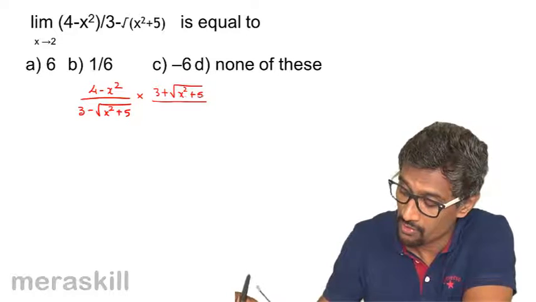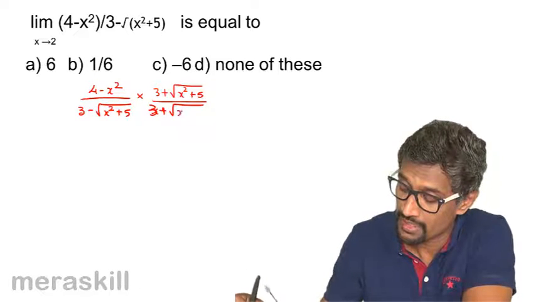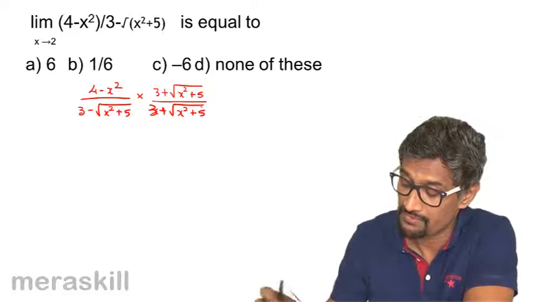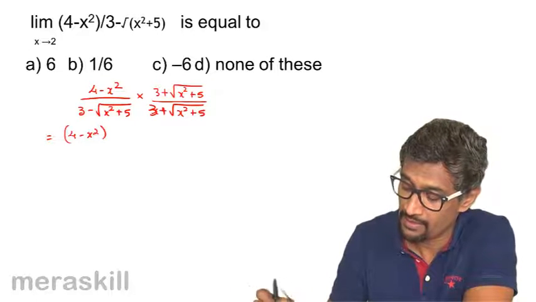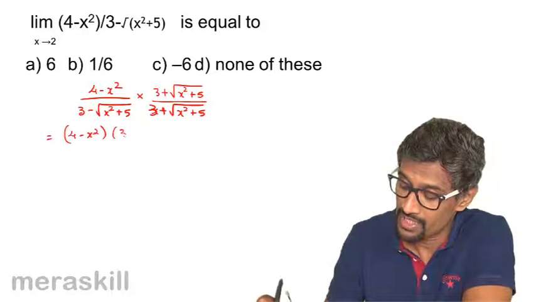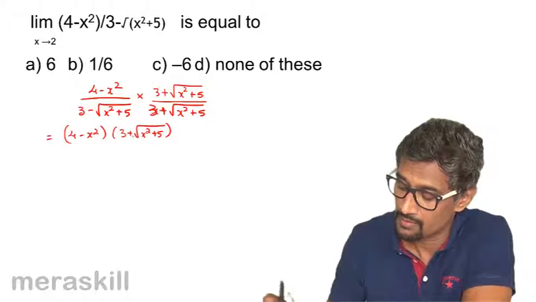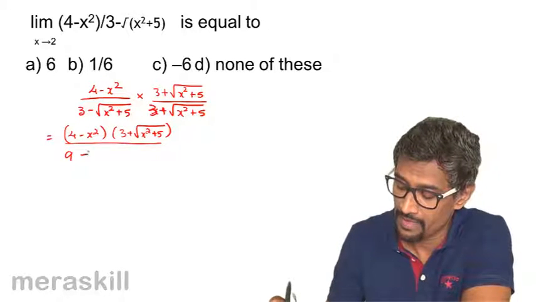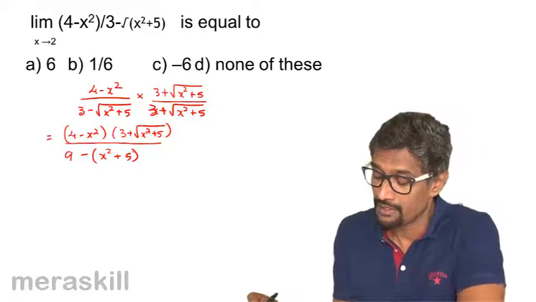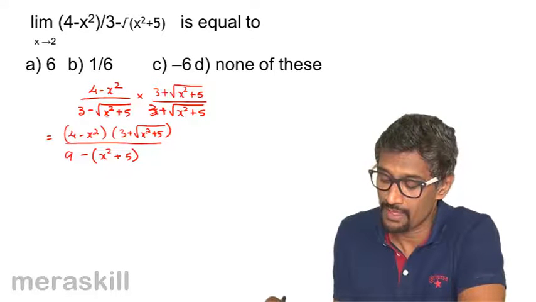The denominator also will be multiplied by 3 plus root x square plus 5. So this will give you 4 minus x square into 3 plus root, and we get 3 square minus x square plus 5, using the formula that a minus b into a plus b is a square minus b square.